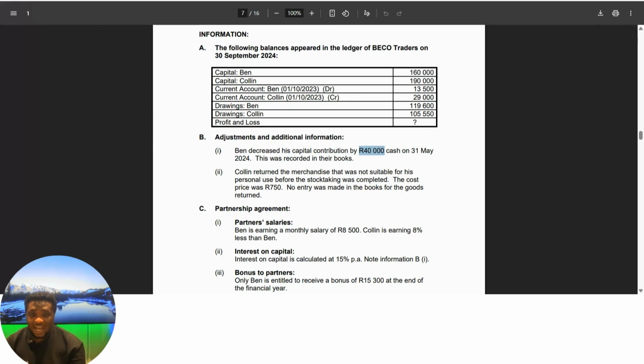So let's do then our timeline. So from the start of the year, which would be 1 October 2023, until 31 May 2024, during that period, the capital would have been 200,000.